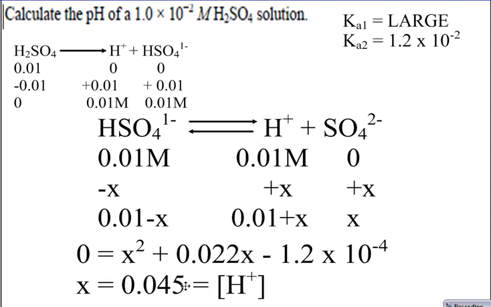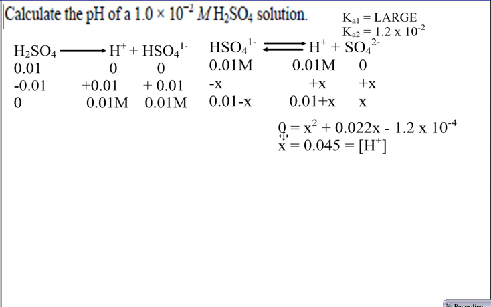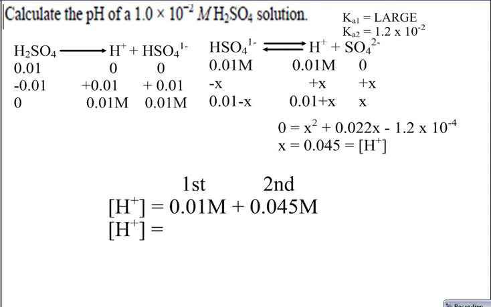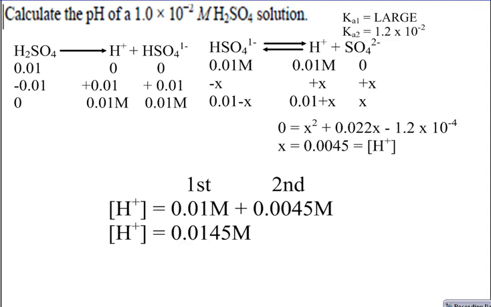Now if we take the concentration of hydrogen from the second dissociation and add it to the concentration of hydrogen from the first dissociation, because really this is all happening at the same time, we find that the overall concentration of hydrogen in this reaction, drum roll please, is 0.1045. And yes, if you were paying attention, I copied it wrong from my notes. The second concentration of hydrogen is 0.0045. I truncated a zero on accident.